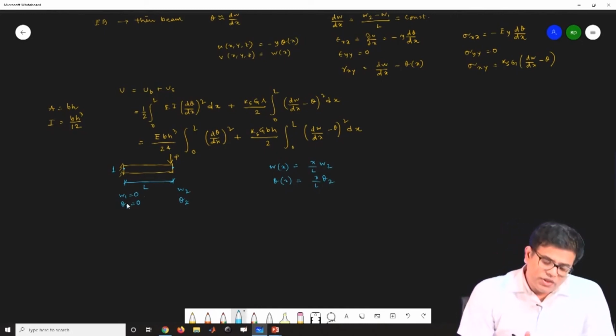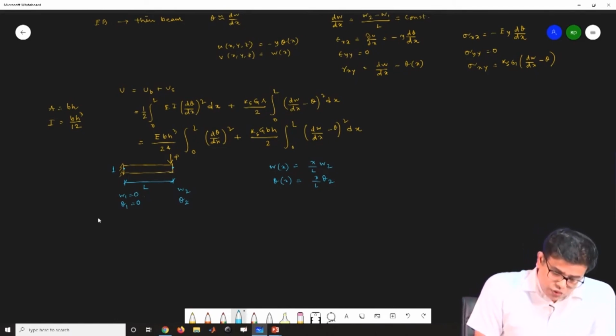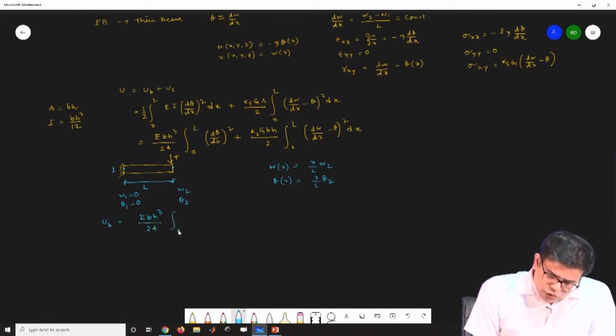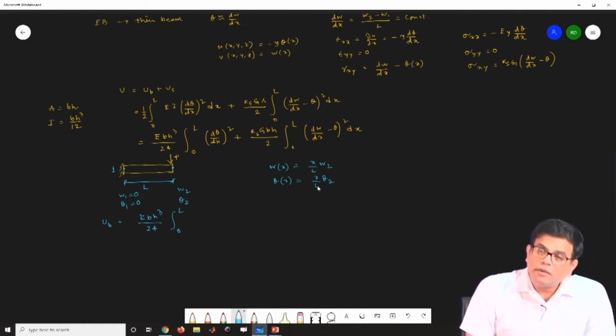Now if I substitute this in the strain energies, what will happen? First let us do the bending strain energy UB. That is E B H cube by 24 into integral 0 to L of (d theta/dx) whole square, where d theta/dx is theta 2 by L. So that is theta 2 square by L square dx.